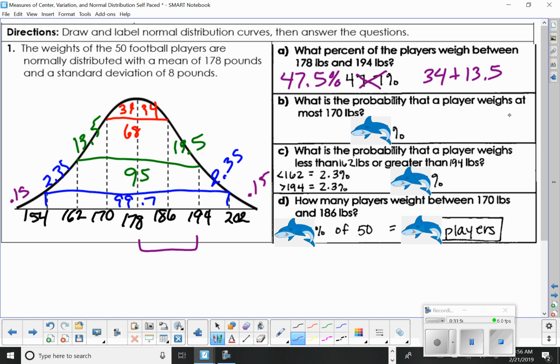What is the probability that a player weighs at most 170? That means the player is at most 170, so they're down here. This would give me 0.15 plus 2.35 plus 13.5. Remember what I said.